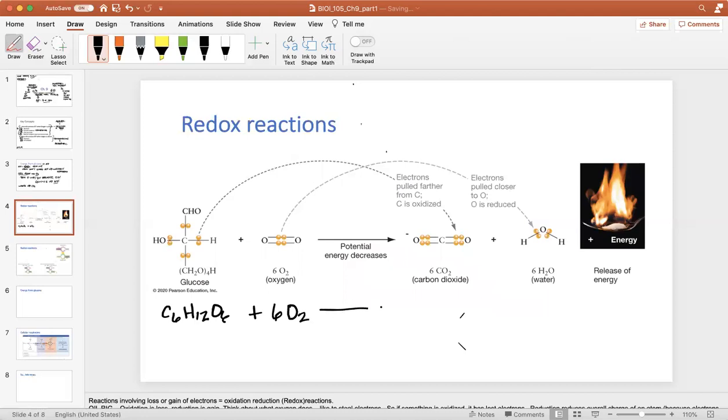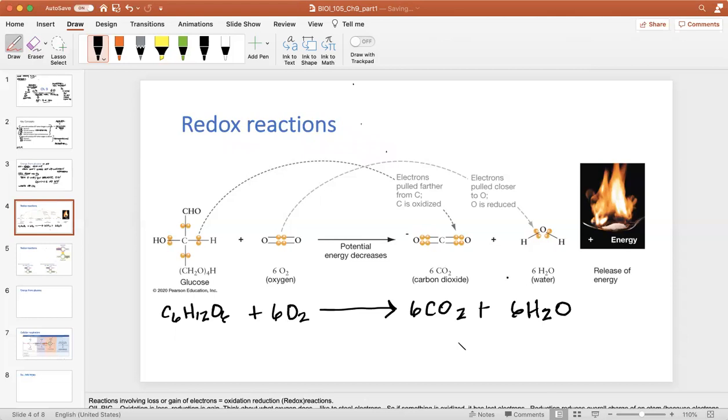What's going to happen during cellular respiration is that we're going to break down this glucose molecule and combine it with this oxygen to form 6 carbon dioxides and 6 waters.